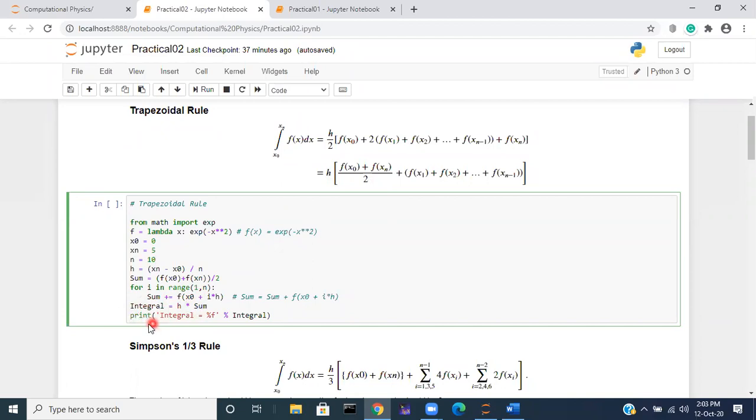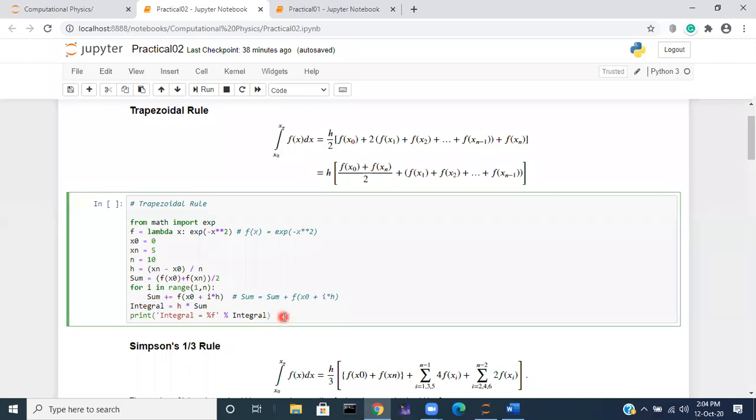We print the answer: print integral equal to percentage f. Percentage f means the answer is a floating point number, the integral variable. This is formatted output.